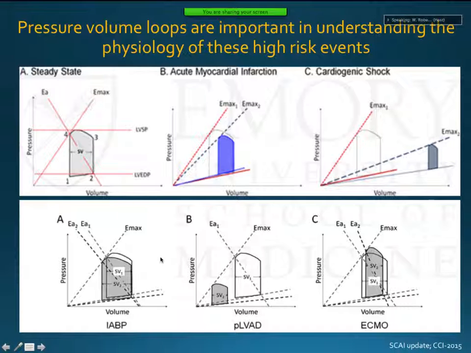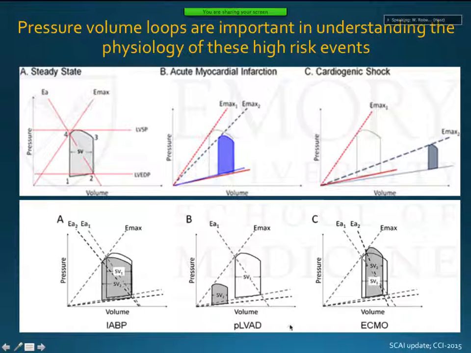It does improve coronary perfusion, but the workload of the heart actually increases, and the heart has to compensate by increasing systolic volume, also increasing stroke volume. And if you add inotrope and other agents, that work gets harder. So the heart actually does not rest with the balloon pump. And I'll show you data to show that that's the reason why the balloon pump has not been effective.